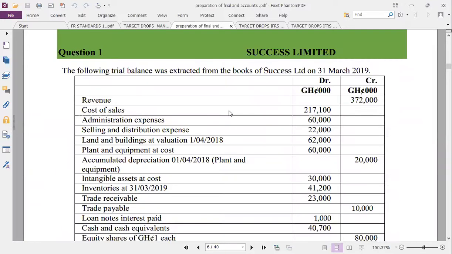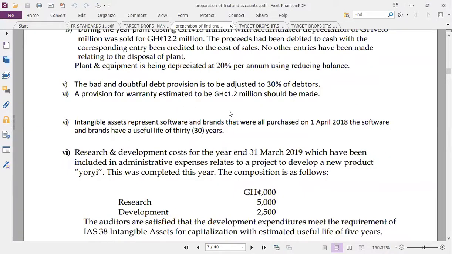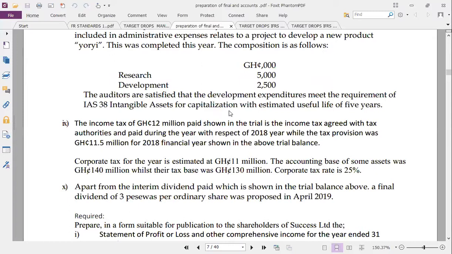Success Limited. Good. Let's check note 10, the last footnote for Success. It's saying that apart from the interim dividend paid, which is shown in the trial balance above, a final dividend of 3 pesos per ordinary share was proposed in April 2019.